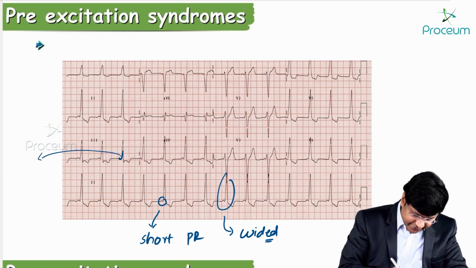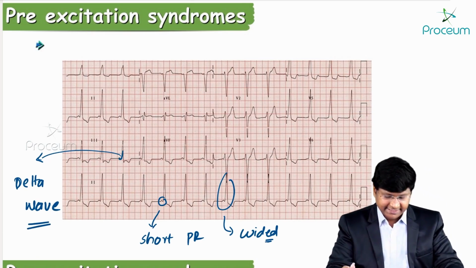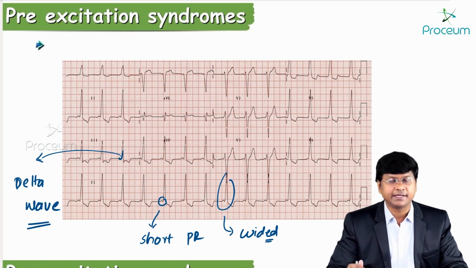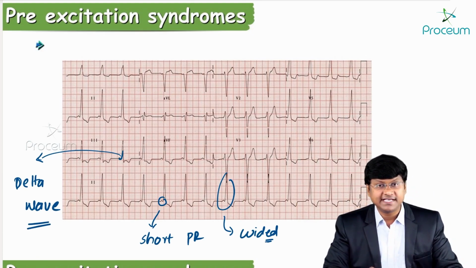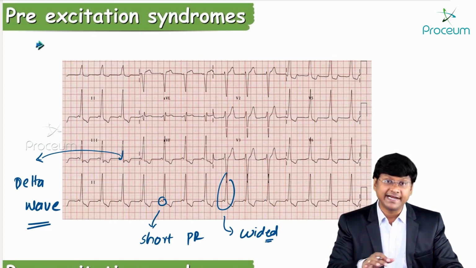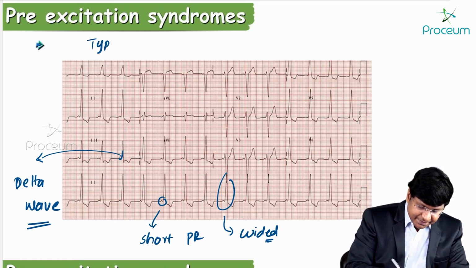That is nothing but your delta wave. Now, if you take this particular pre-excitation syndrome here, we call it an ECG with right-sided pathways, which previously they used to call type B WPW syndrome.